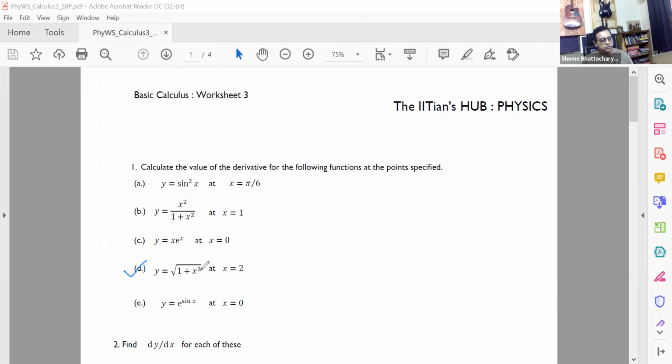So y is equal to square root of 1 plus x square, right? And we want to find the value of the derivative at the point x equal to 2. Let's quickly work out this question.